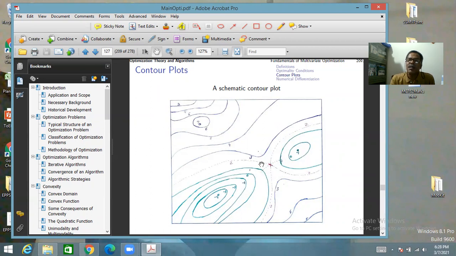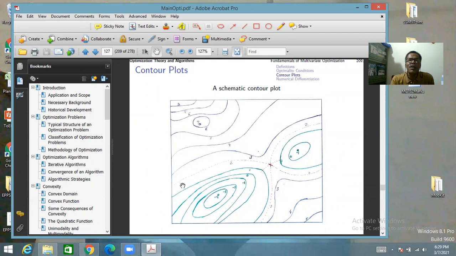So this zone is seeing four contour curves on four sides. On one opposite pair it is a higher function value, on the other opposite pair it is a lower function value, and that shows you that somewhere here there will be a saddle point with some function value between 1 and 3.